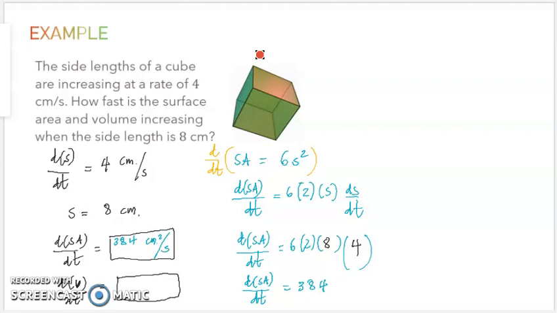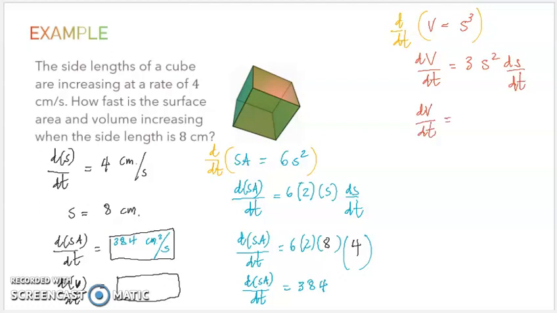Let's now have the volume of this cube. The formula for the volume of a cube is s cubed, and this is what we will differentiate with respect to time. So we have dV/dt is equal to 3s squared ds/dt. Plugging in the data that we have, 3, we square the side, and ds/dt.